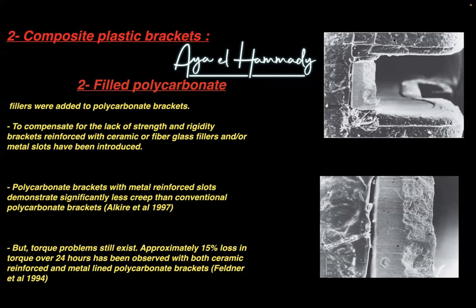So we can make the whole bracket from the polycarbonate, which is the composite, which is more translucent, and coming to the slot, we are going to make it with the metal one, okay? Why? This will overcome the torquing problem, okay?